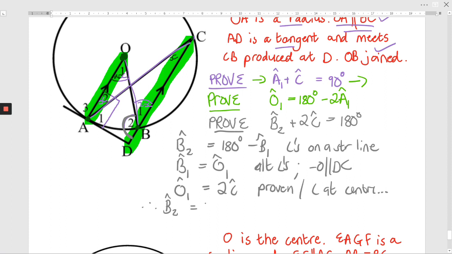So I'm just going to lay that out and say B2 equals 180 minus O1, which also equals 180 minus 2 of angle C. Therefore, if I now add the 2C on the other side, I would get 180. So it was really about rearranging stuff in this question.